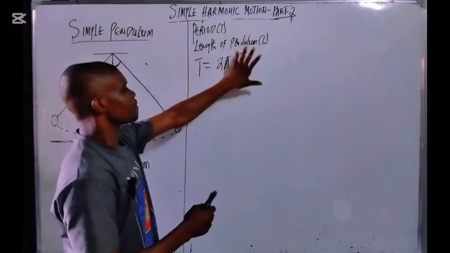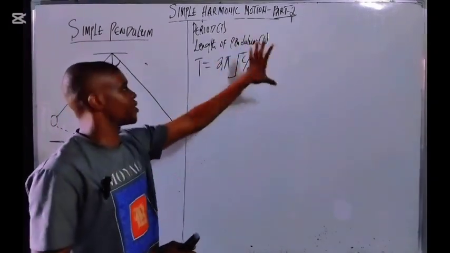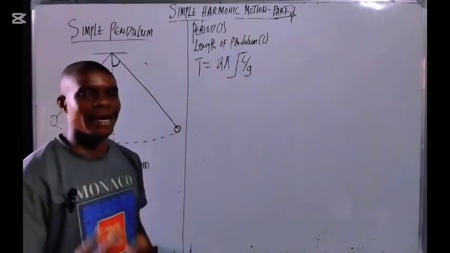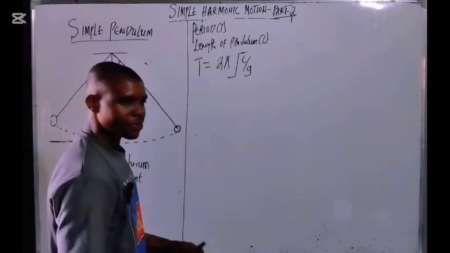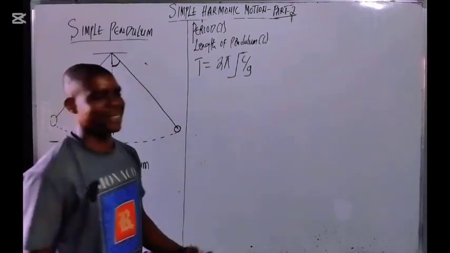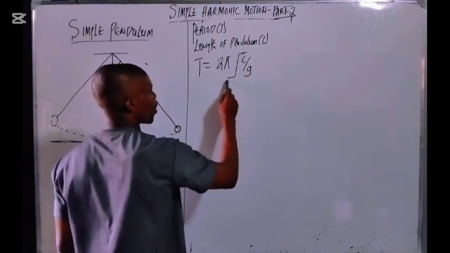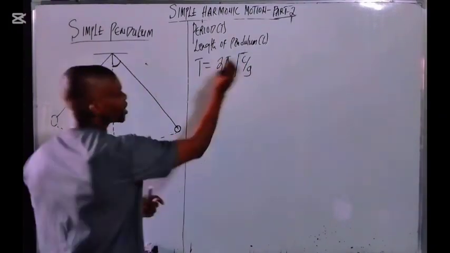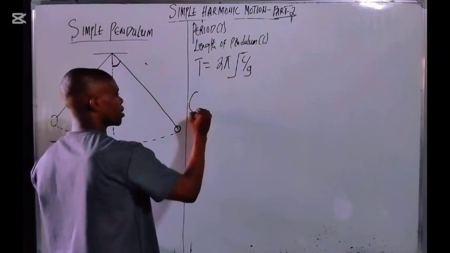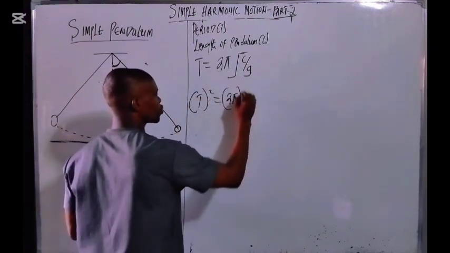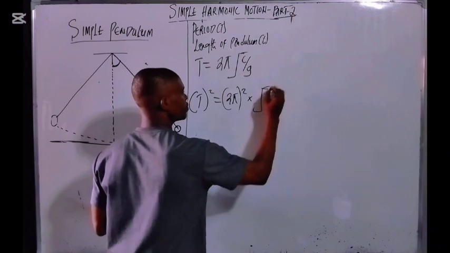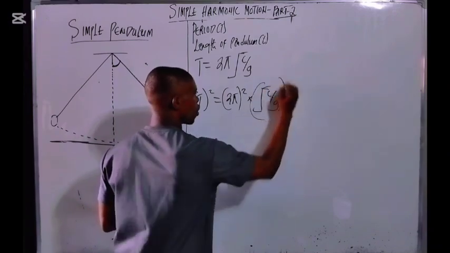Now let's rearrange this equation here. The first way to rearrange the equation is to take the square of both sides, to remove the square root. Do you understand? So take the square of both sides. Here we have T squared equals 2 pi all squared times L over g all squared.